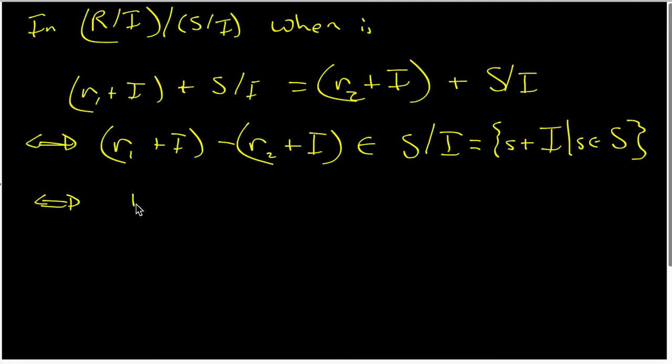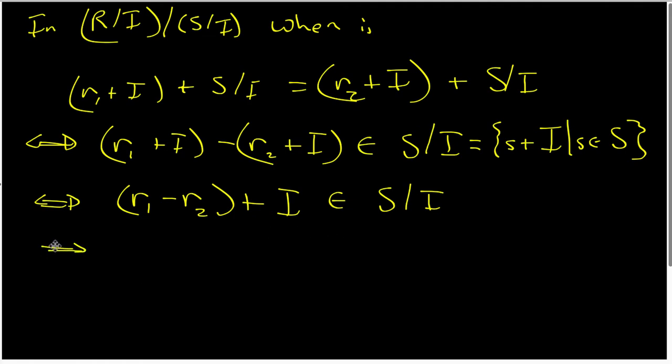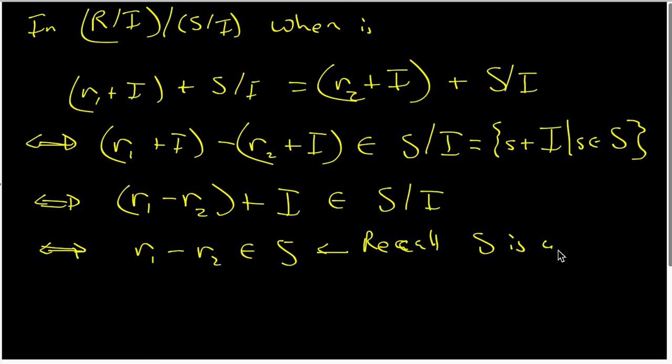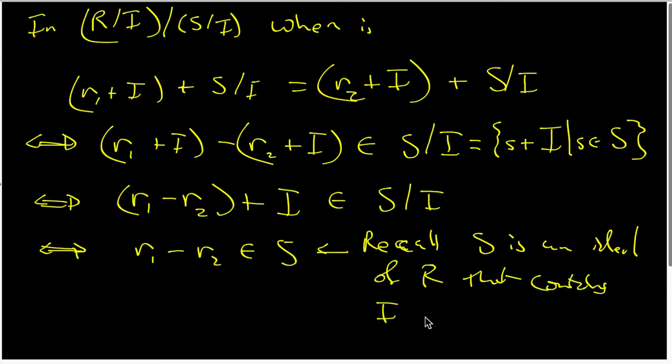This difference is just R1 minus R2 plus I, and that's the element that needs to be in S mod I. Well, when is that going to occur? That's going to occur whenever R1 minus R2 is inside S. And remember, S is an ideal of R that contains the ideal I as a subset.